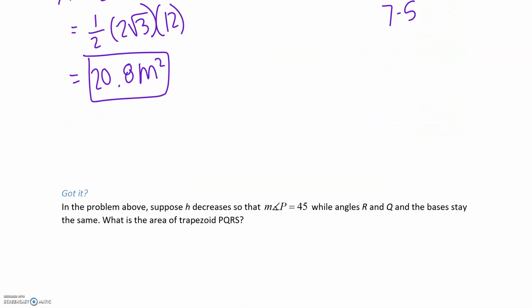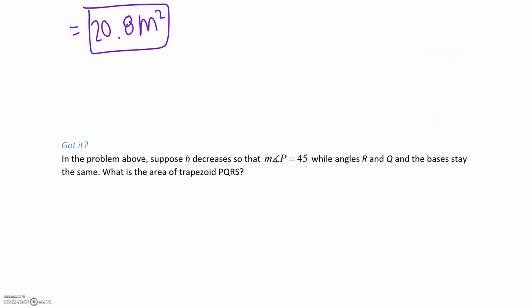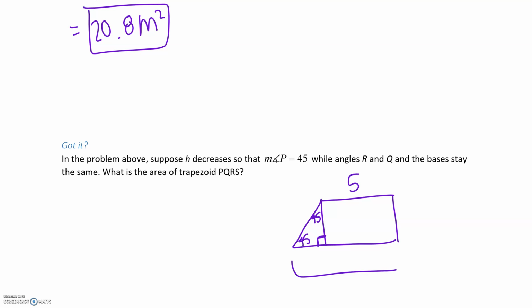Okay, so in this problem above, if we decrease the height so that the measure of angle P is 45, so this would be 45 and this would be 45, making a right triangle. We still have that this is 5 and this whole thing is 7.